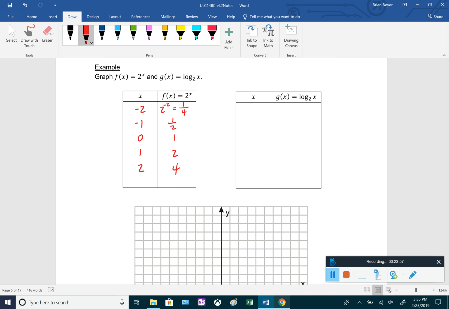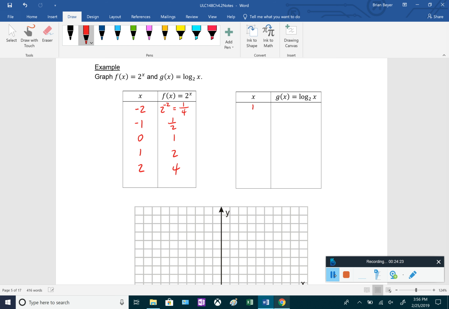What I'm going to do here is use this definition of inverse functions to help us. If the coordinate x comma y is a point for the function f of x, then its inverse function is going to contain the point y comma x. So what that means is you interchange the x and the y coordinates. That's what I'm going to do for this.